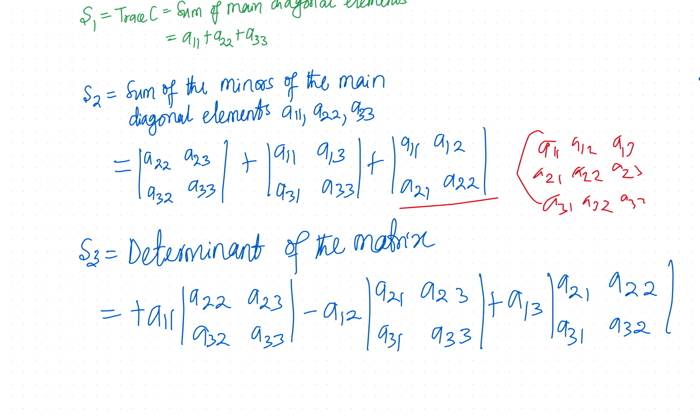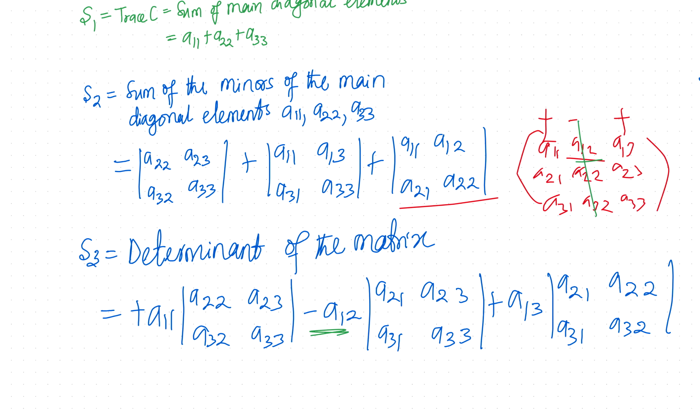The first thing is you put signs: plus, minus, plus. Very important. So you have plus A11, then you cross that row and column, so you have A22, A23, A32, A33 here. The next thing you do is go for the second element, A12, and the sign attached to it is minus. So you have minus A12 times, cross the column, cross the row, A21, A23, A31, A33, and that's what is here.